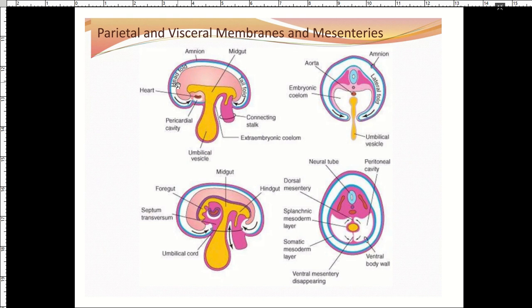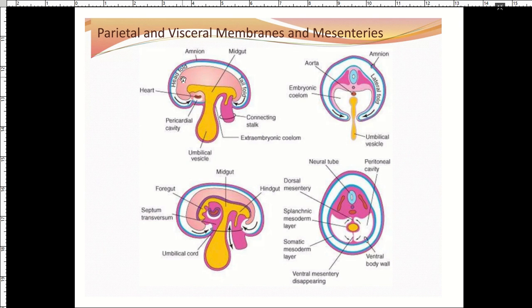This is very important because craniocaudal folding is going to help us reposition the heart. Remember, the heart will be cranial to the oropharyngeal membrane.